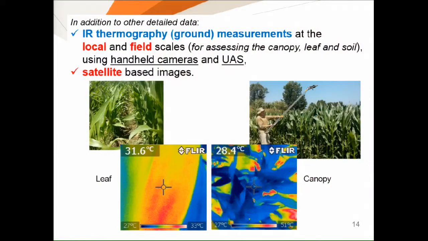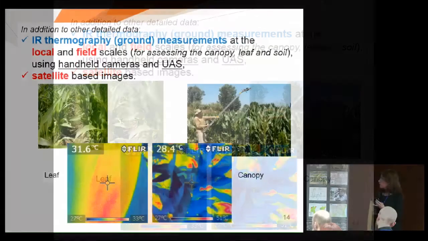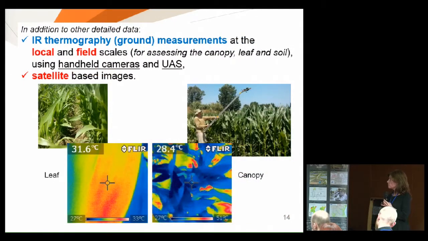So far, in addition to other detailed data, we have been conducting infrared thermography ground measurements at the local and field scales, for assessing the conditions of the canopy, of the leaf, of the soil, using handheld cameras for the time being.